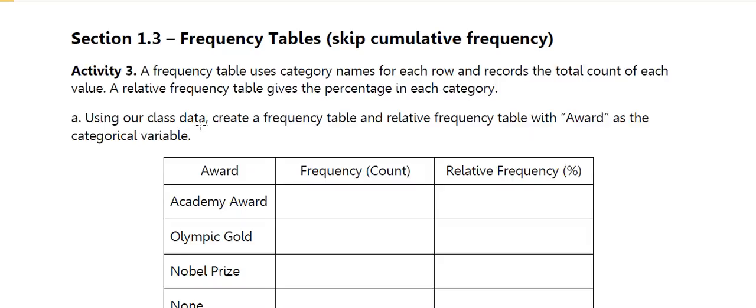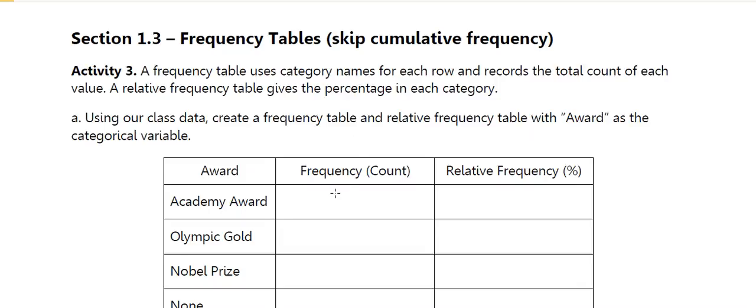So using our class data, create a frequency table and relative frequency table with award as the categorical variable. Now you can go to, if I have posted the results from our class data, right now I'm recording this before class, so I haven't done that yet. But if we have done that in class, you can go to that in D2L. I'm going to put in some numbers from my last term class.